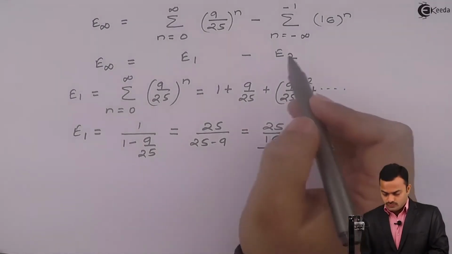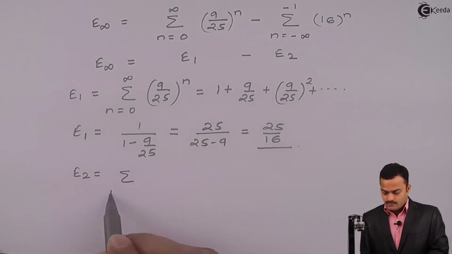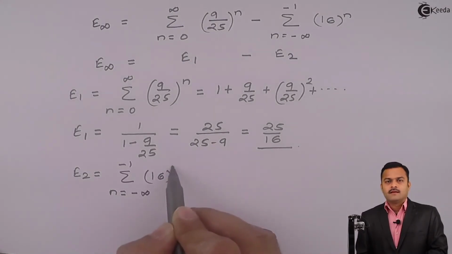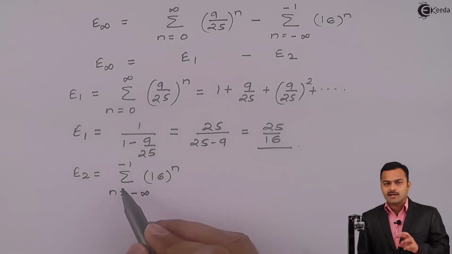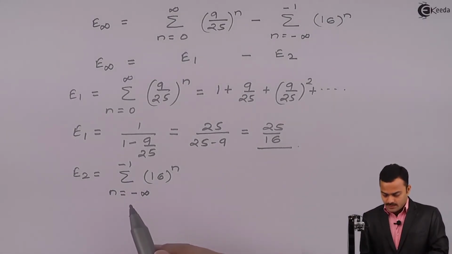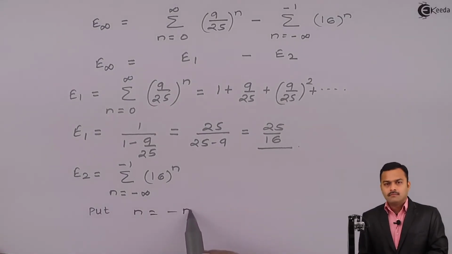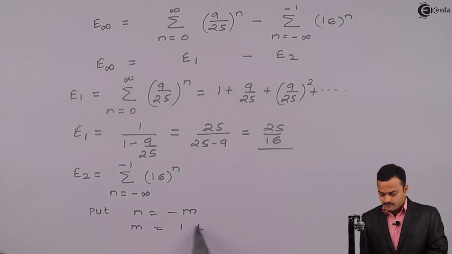Now energy 2, E2, is summation n from minus infinity to minus 1 of 16 raised to n. Normally we have summation of positive numbers, so I will convert this negative index into a positive one by putting n equal to minus m, where m now has values from 1 to infinity.